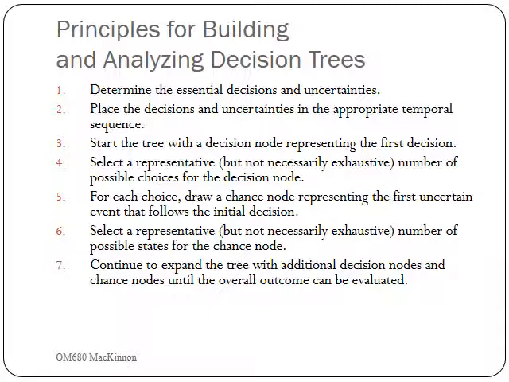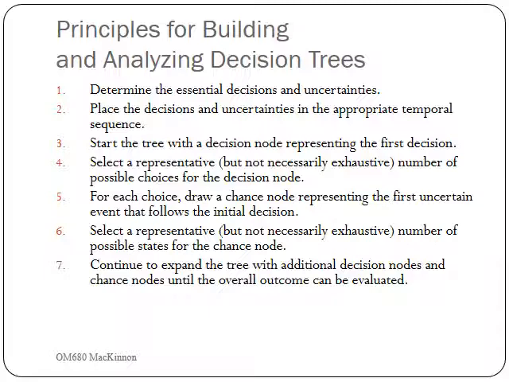And then for each choice that we make, each decision, we have a chance node representing the uncertain events that follow the decision. We saw that at the very last tree: decision, chance, decision, chance. And then again we select a representative state, or a number of them, for the chance node.